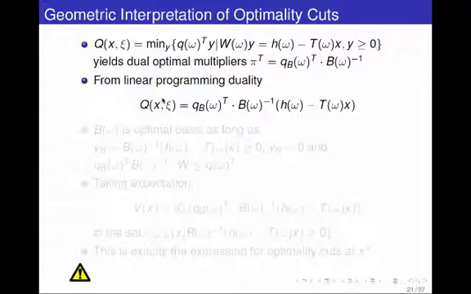Okay, so when I'm now looking at this linear program, the b vector in this linear program is h minus tx. Suppose I found an optimal basis for this linear program for a certain trial x.